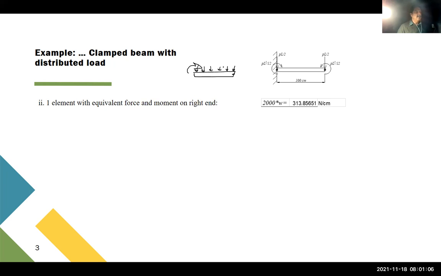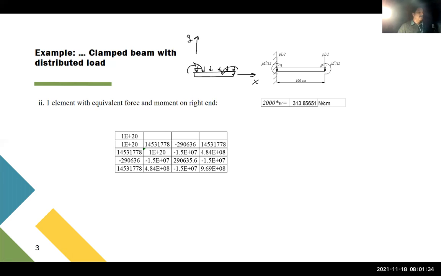But on the other end, since this is pushing downward, we're going to have this moment like that. This is X. This is Y. So positive is counterclockwise. So this is positive, but this is negative. Both external forces I pointed out are pointing downwards, so both are negative. So the stiffness matrix is the same, and we have already replaced these two values by this large one.